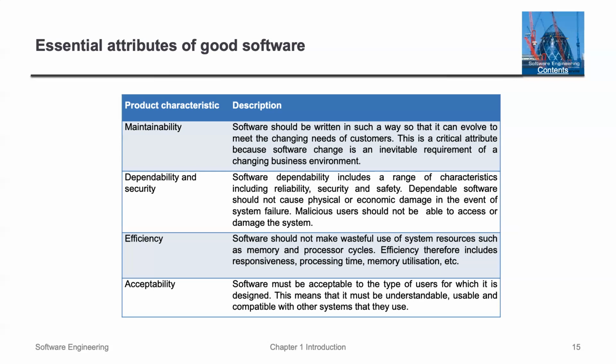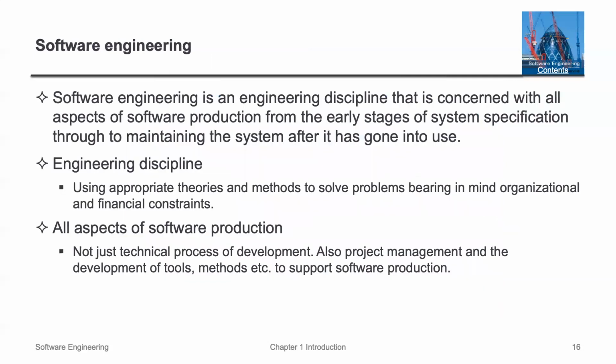Finally, in terms of acceptability, the software must be acceptable to the type of users for which it is designed. This means that it must be understandable, usable, and compatible with the systems that they use. So it needs to fit in with their ecosystem of what they're familiar with. And that can take a fair amount of work.